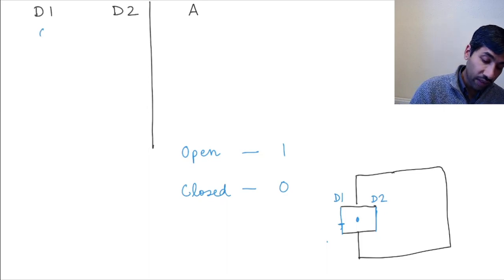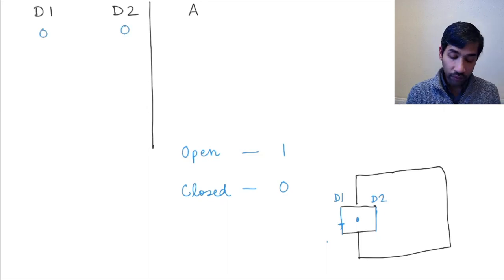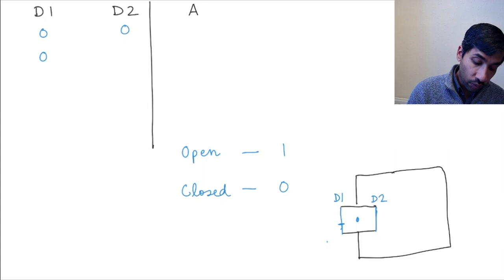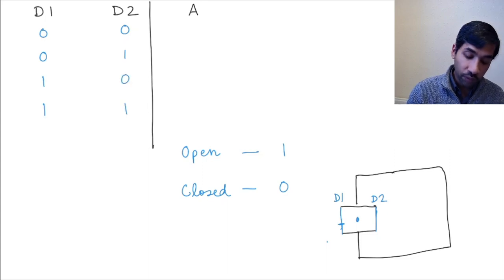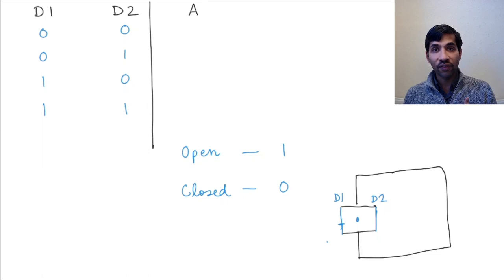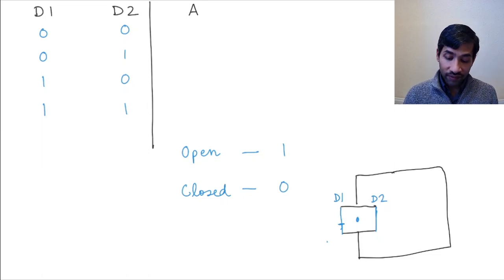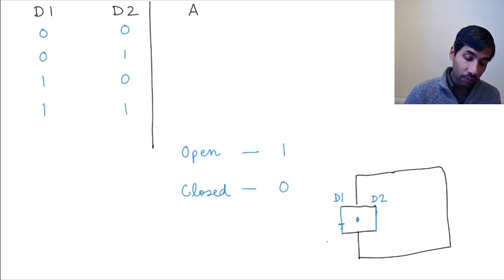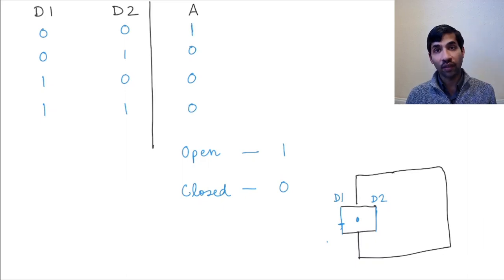Both doors are closed, only door 2 is open, only door 1 is open, or both doors are open. So I have these four different combinations, and in all these cases I want the alarm to be off, except in the case where both doors are open.